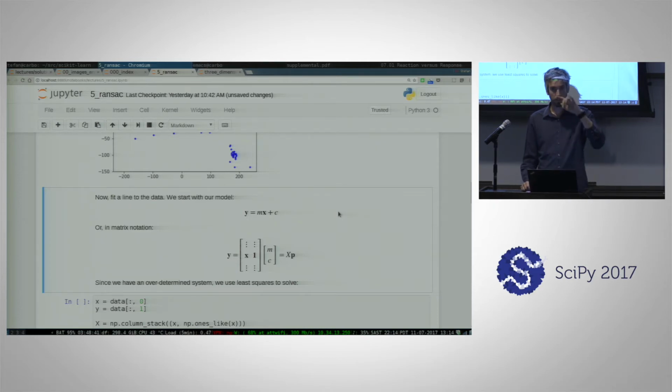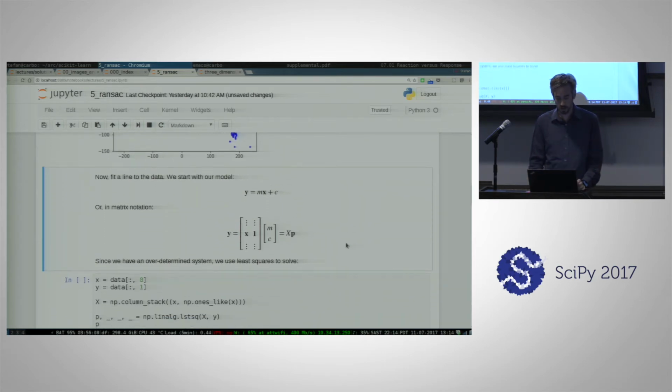When you make that matrix multiplication, it's just a bunch of x's and 1's being multiplied by m and c. So it basically replicates that top formula in matrix form. So we have the formula y equals big X times p, which is an equation that we can solve.